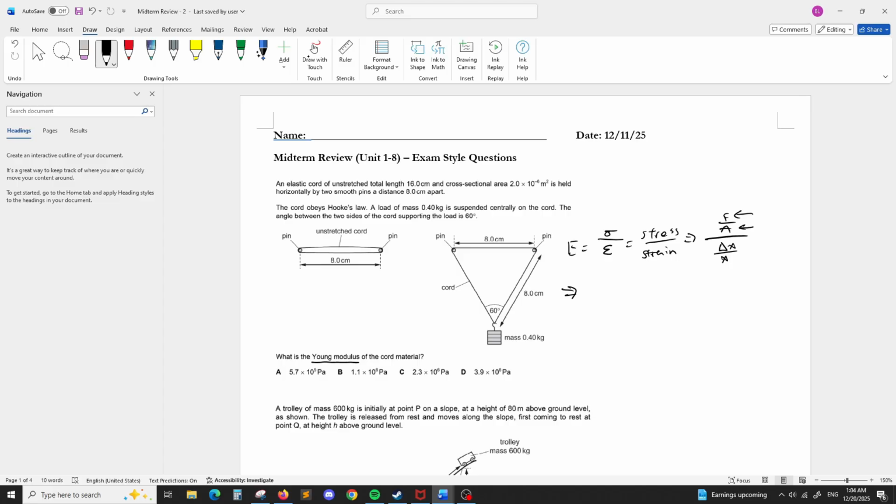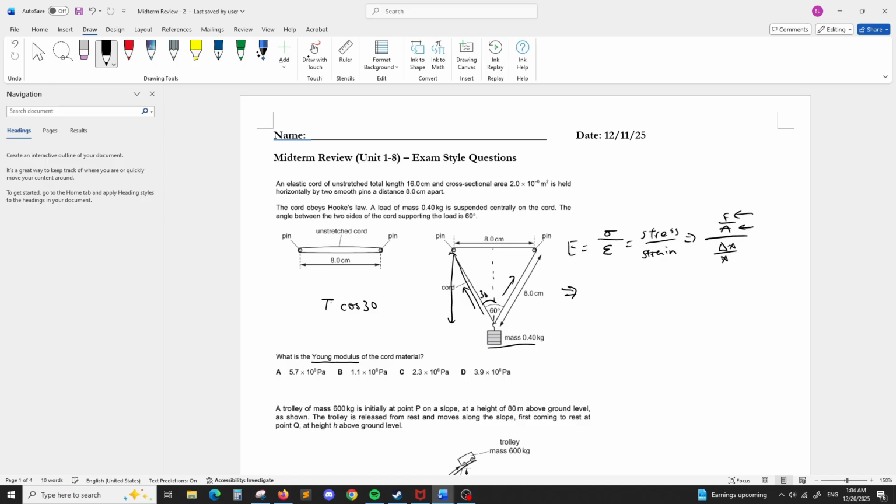So the force, well, first off, this mass is hanging at an angle, right? So there's two tensions like that, and they both pull upwards. So T, let's say this is the magnitude of it, times cosine of 30, which is half this angle here, gives you the vertical component.